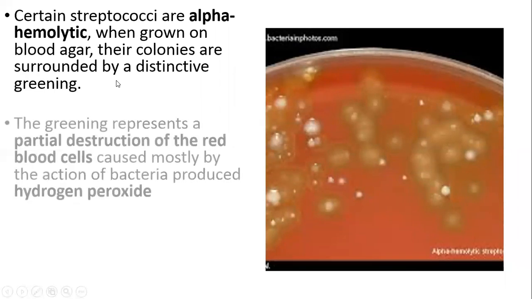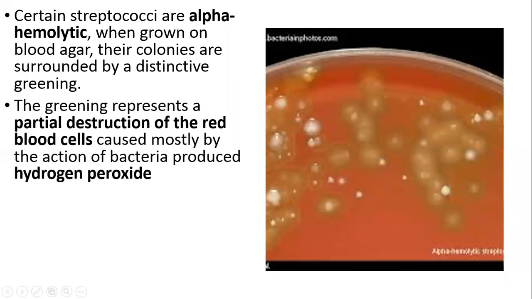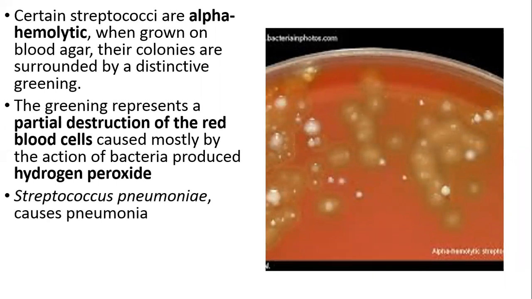One of the best known examples is Streptococcus pneumoniae. It is another very common strain causing pneumonia, and this partial destruction is because of the production of H2O2 by these strains, which targets the RBCs and results in partial destruction.